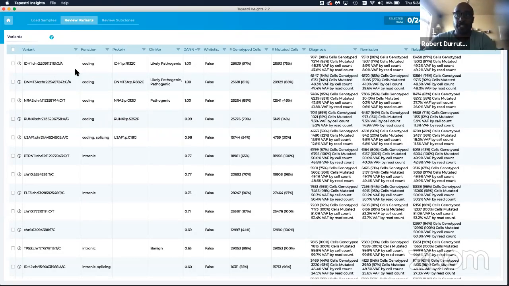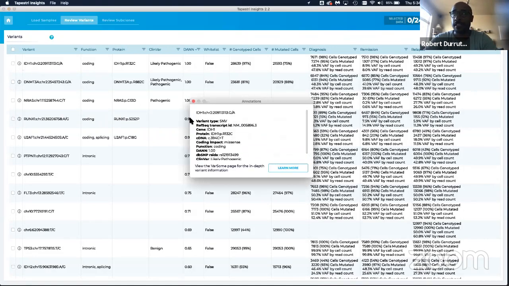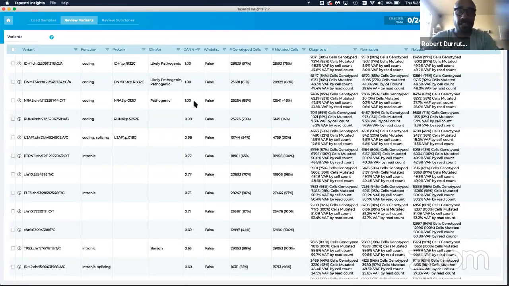So if you have, for instance, a clinical report with a particular mutation, called at, for instance, the IDH1 locus at 113, based on the HG19 build, and for some reason the annotations listed here don't make sense, feel free to click on that little information icon, as it will allow you to click on the Learn More button, and it'll lead you to Varsome, which is the annotation database website that includes a number of different and additional information around this variant.